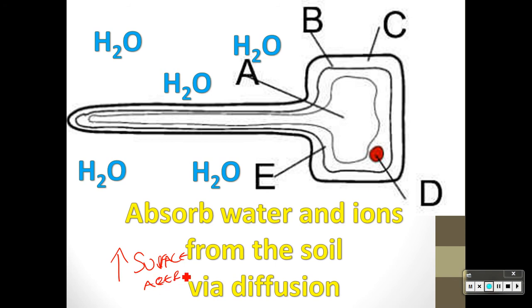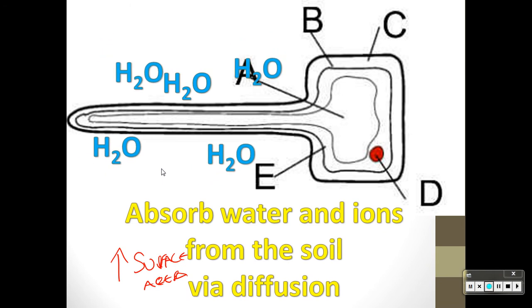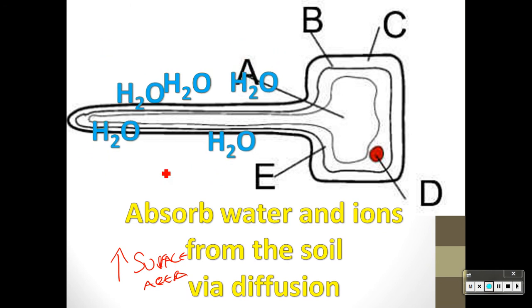Okay, so the water moves into the root hair cell via diffusion. Now, what root hair cells do, they purposely make their vacuole very concentrated. They purposely do this.